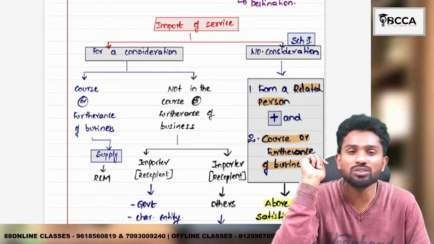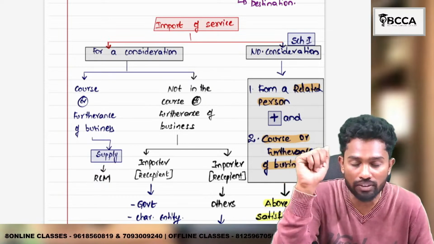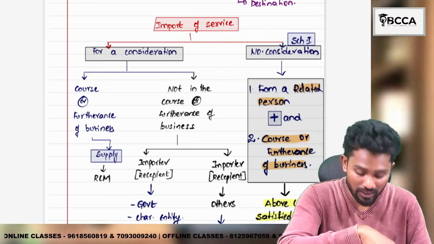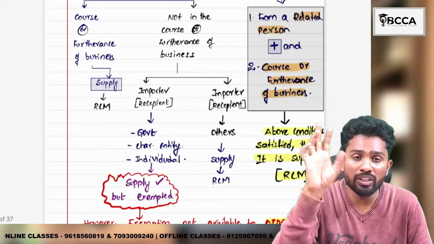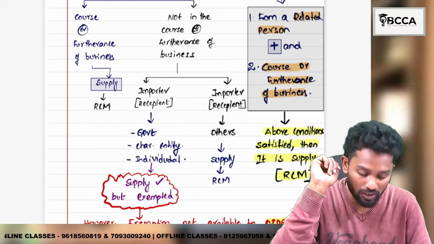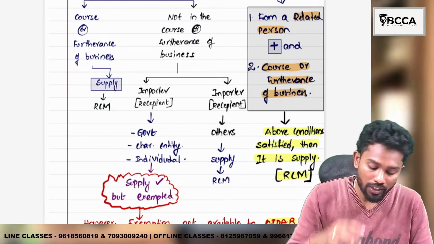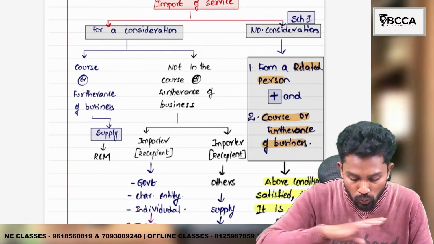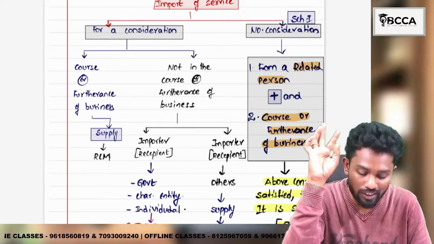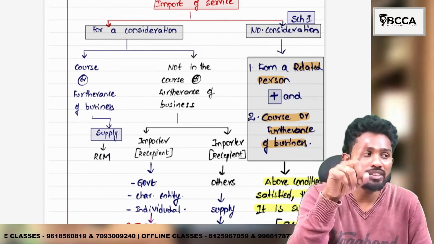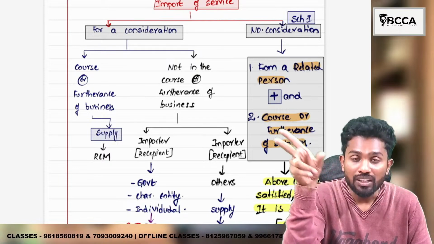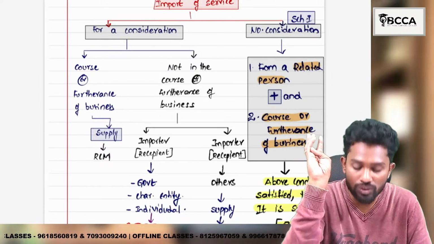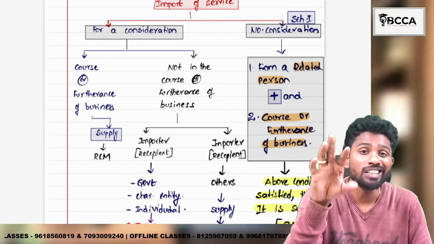However, exemption is not available to OIDAR services. Then the second one is if the importer being a recipient is any other person, then also it is supply covered under RCM. Then import of service where there is no consideration involved and it is covered under schedule 1, where such service is from a related person and in the course or furtherance of business, then it is supply.